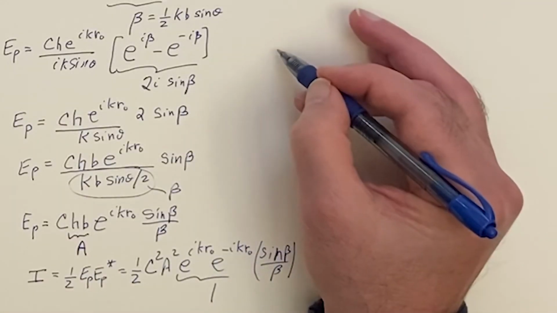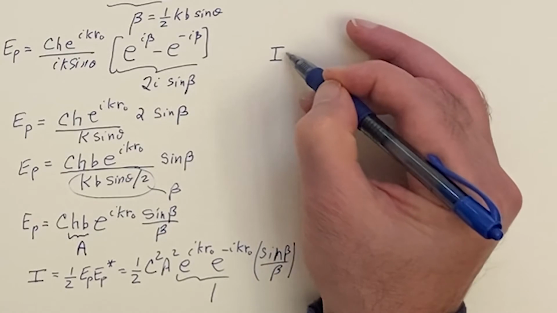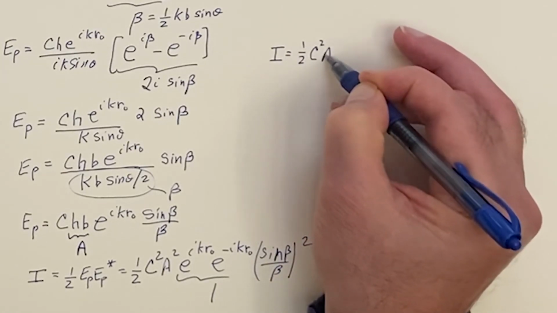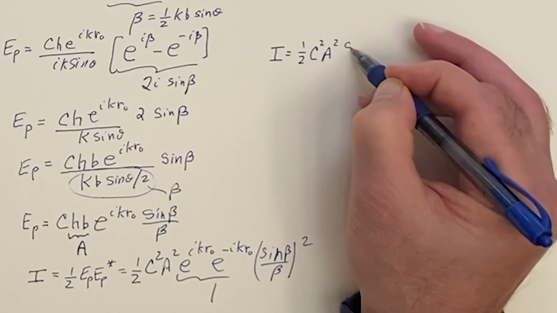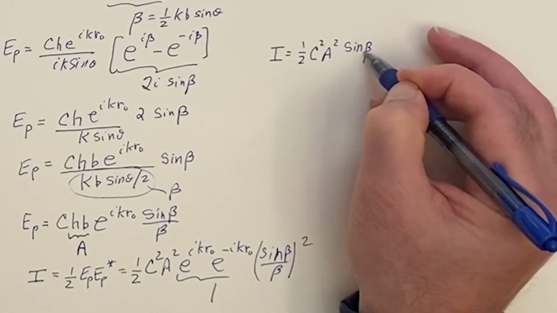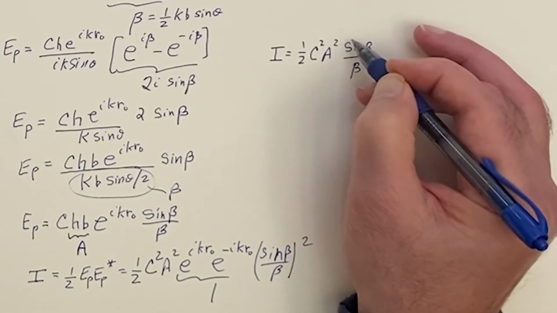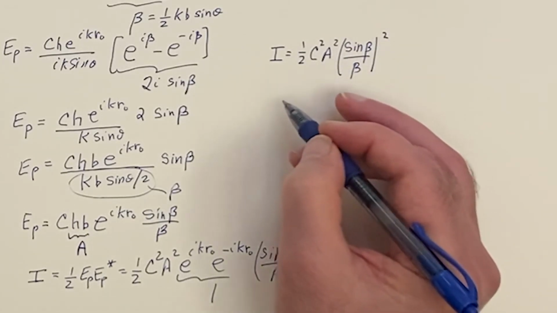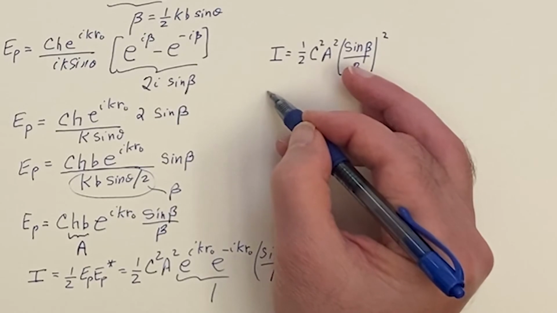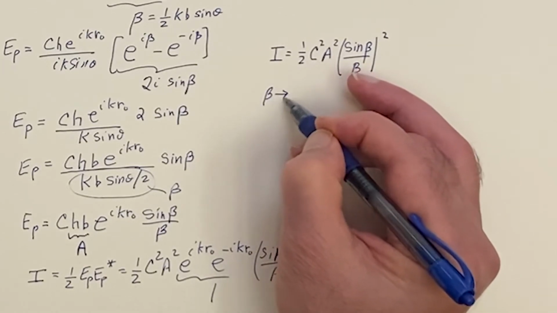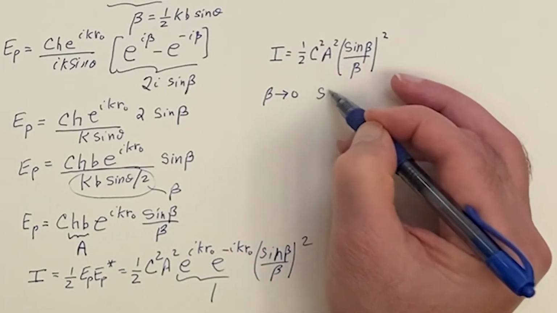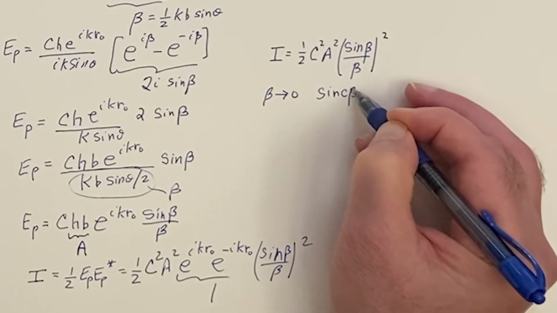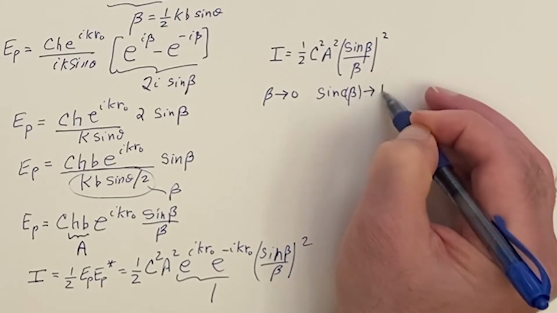So what we get here for the irradiance is 1/2 constant C squared, A squared, sine beta over beta squared. Now remember, when beta goes to 0, this is your sinc function here, that's going to go to 1.